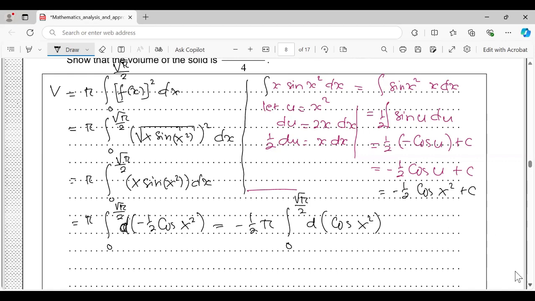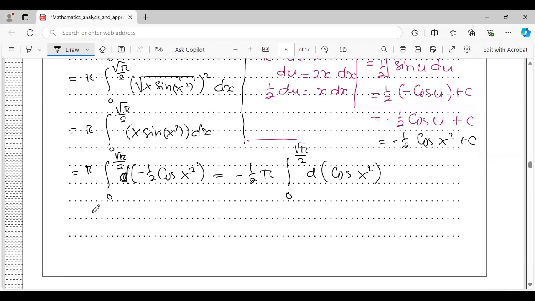After that, substitute square root pi over 2 and 0 into this expression. It becomes minus half pi times cosine of square root pi over 2 squared, minus cosine of 0 squared.